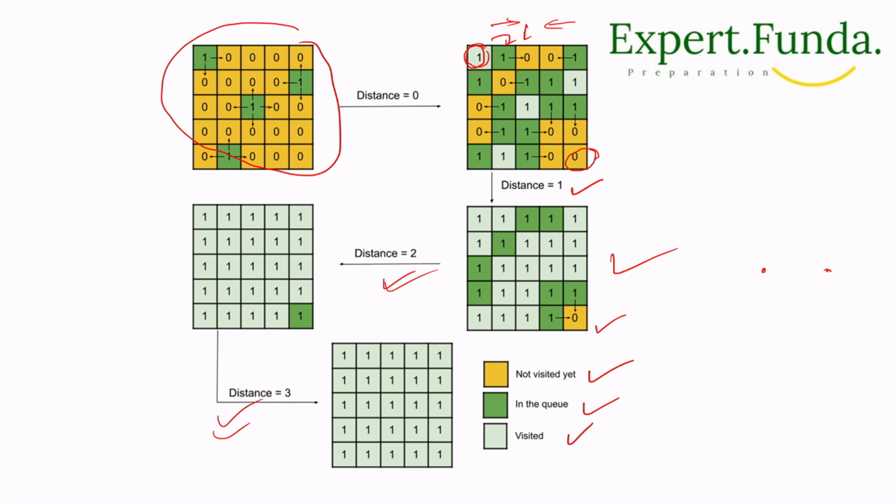After the level is traversed, the inner loop completes. Then we increment the distance variable, and we repeat until the queue becomes empty. Once this is done, we return the distance, and we check if it is equal to 0. It means there was no water, and the BFS has finished now.